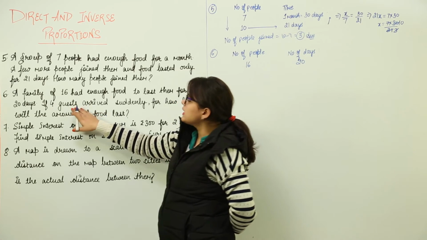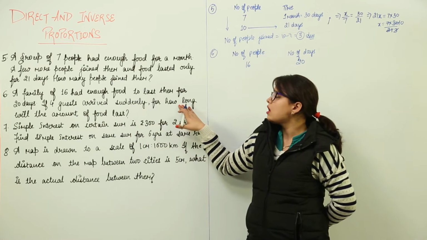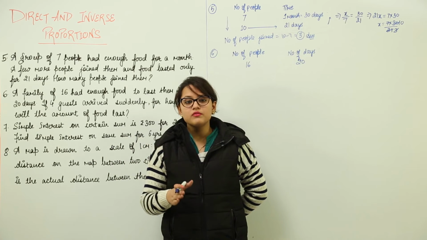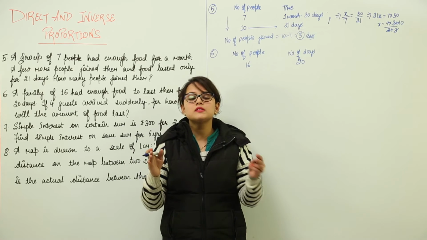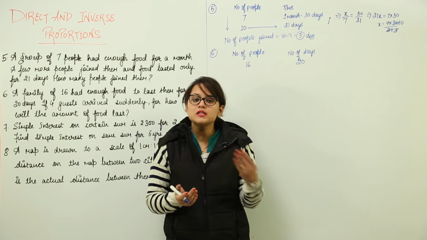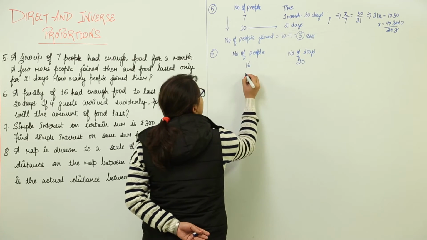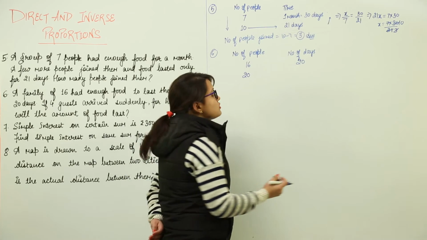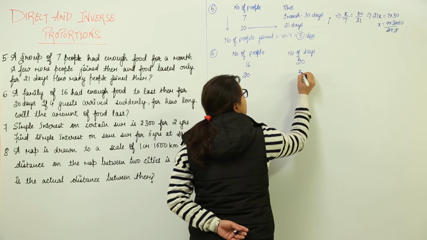Now if 4 guests arrived suddenly, for how long will the amount of food last? If 4 guests have arrived at your house, the total number of people in your house would be 16 plus 4. That is, now you have 20 people inside your house to consume that food. So how long is that food going to last?